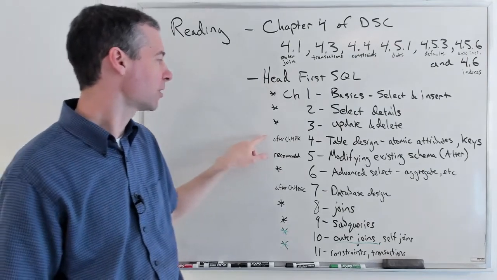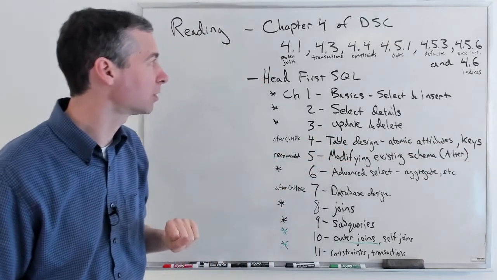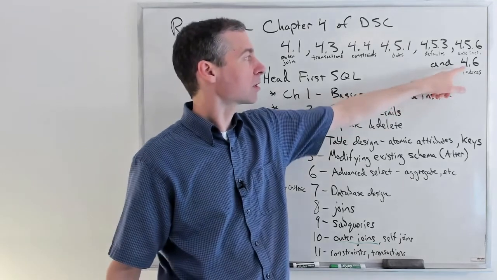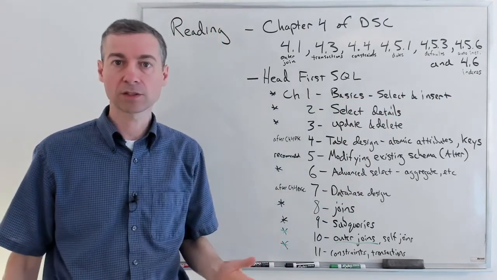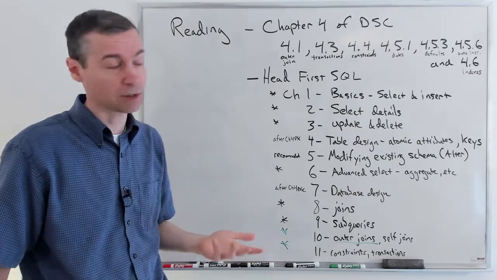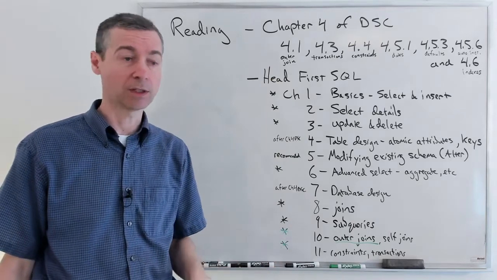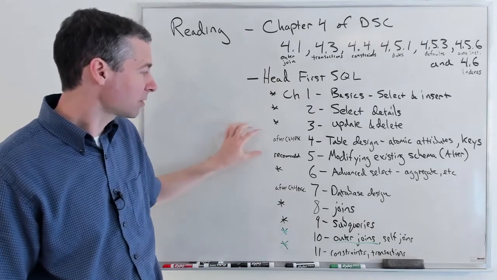For example, I think they might have the auto increment in chapter 4 of Headfirst SQL. And then we'll talk a bit about having an index on your table or multiple indexes on your table. I'm not sure where Headfirst SQL has that, if at all, but we'll talk about that briefly. I've got these notes here.